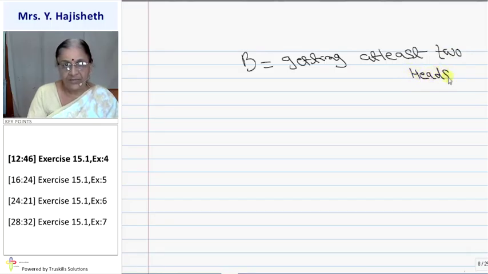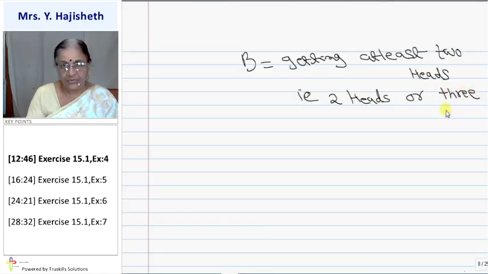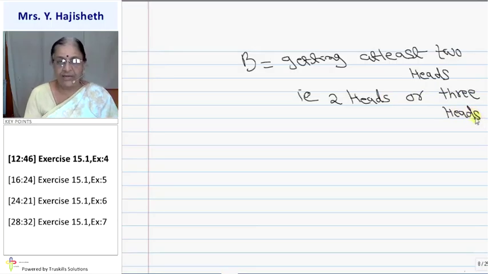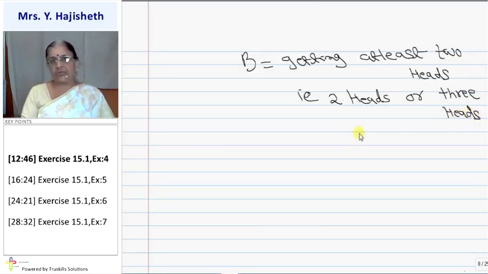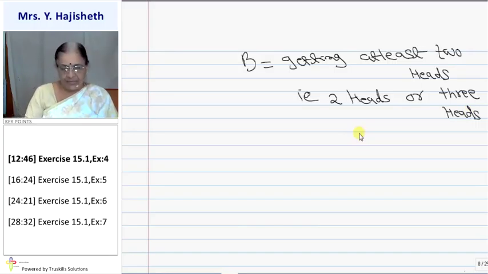So at least 2 heads means 2 heads or 3 heads, okay? Both outcomes should be covered. If at most 2 heads was asked, what would we do? 2 heads or 1 head or no heads. Okay, at most shows maximum and at least shows minimum.